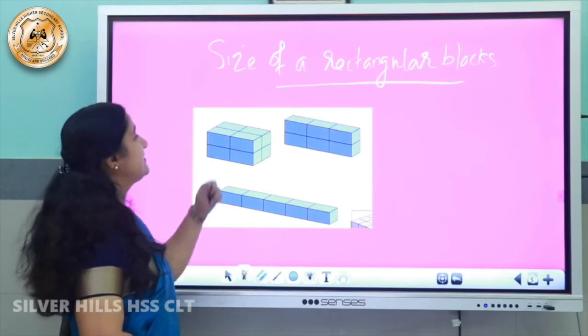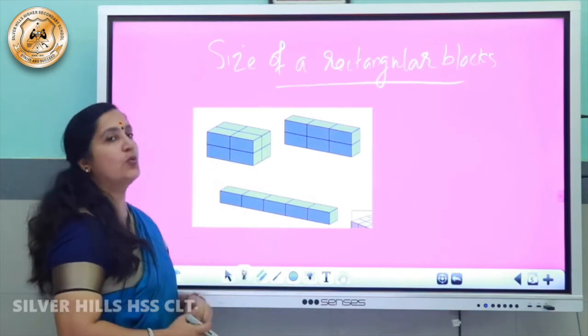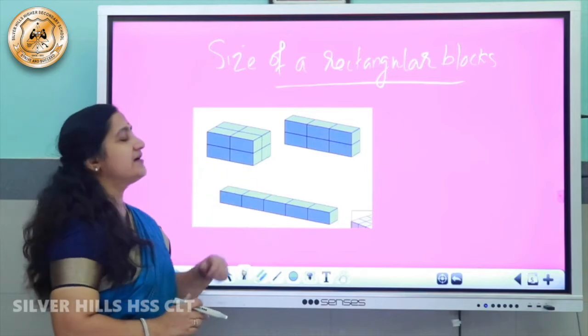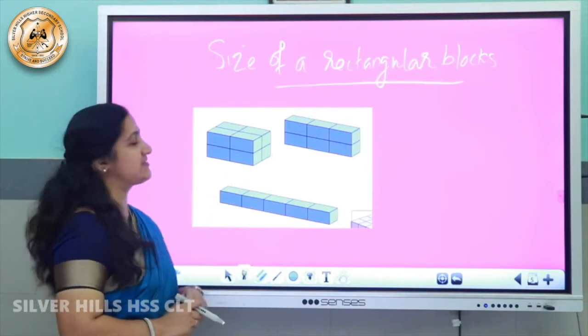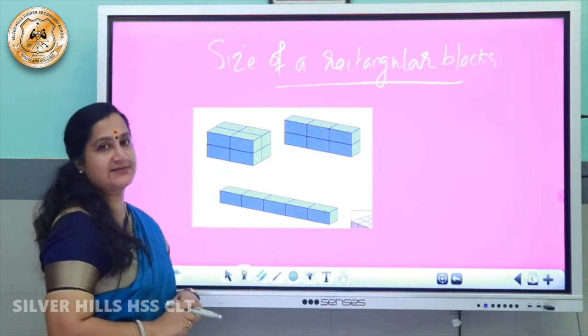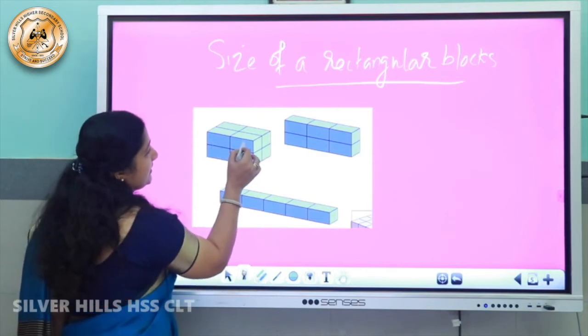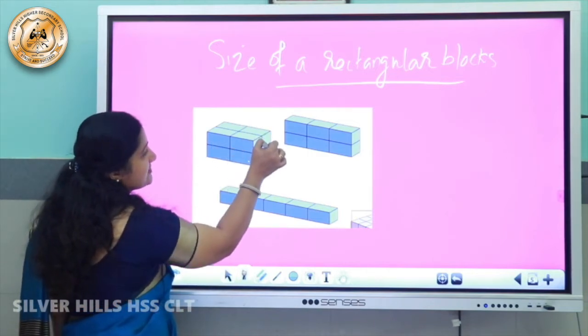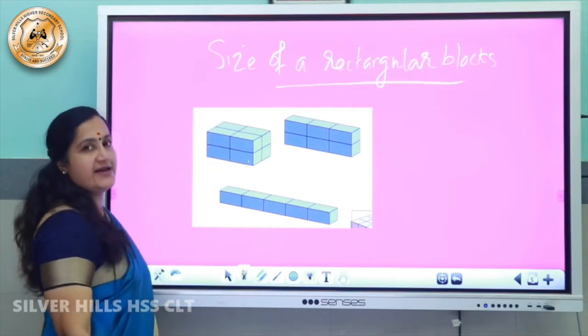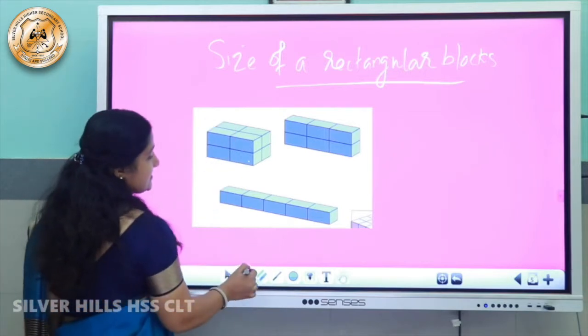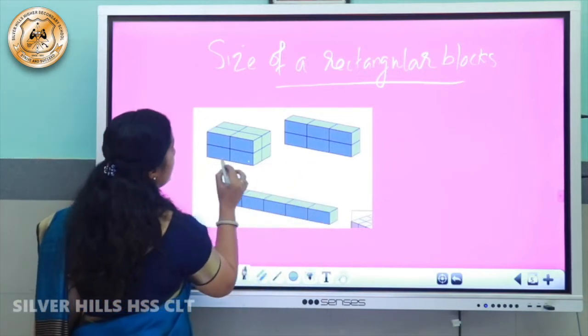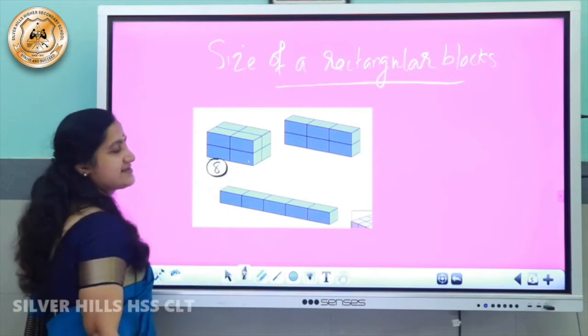So, let me take this figure number 1. How many rectangular small boxes are there in this first one? We can count 1, 2, 3, 4, 5, 6, 7, 8. So, it has 8 small rectangular blocks.